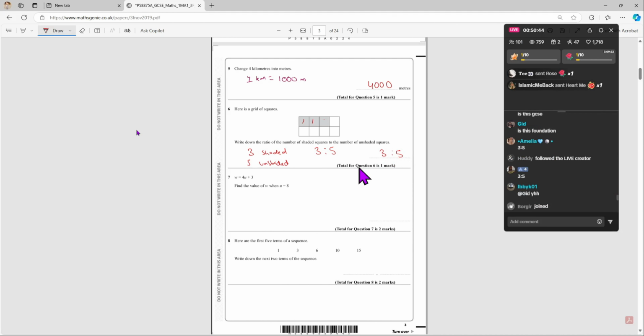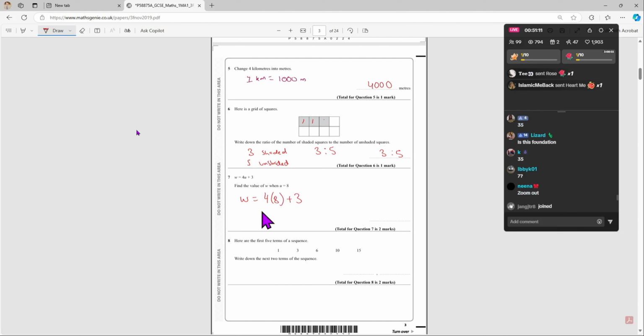Now moving on to question number 7. W is equal to 4u plus 3. Find the value of w when u is equal to 8. So this is a substitution question. You have to substitute the value of u into our equation to find the value of w. So w is equal to 4, and then you substitute our 8, and then add 3.